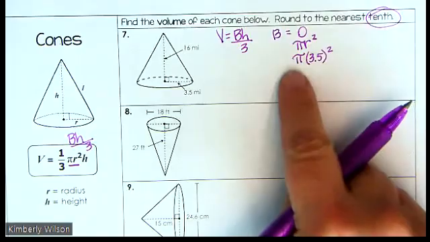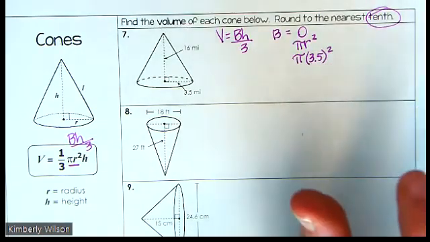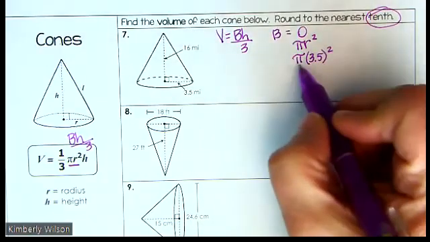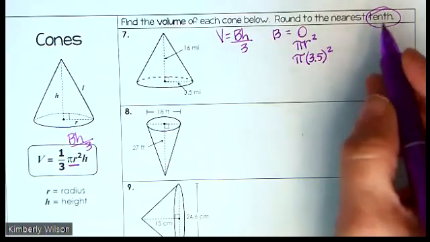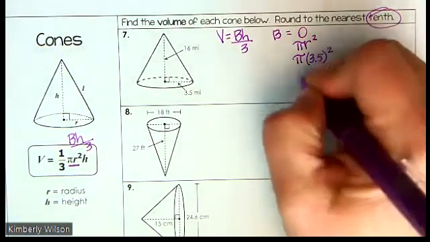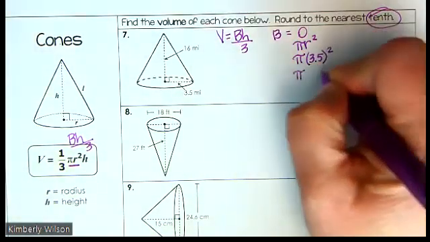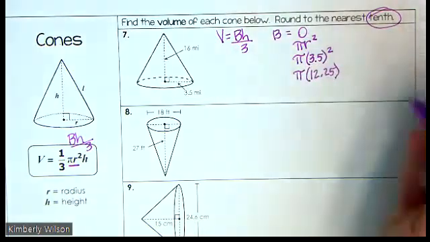Notice the pi is not squared, the radius is squared. Some of you made that mistake on quizzes and so forth. The pi is not squared, the radius is what's squared. So now I can do 3.5 times 3.5, which gives me pi times 12.25.